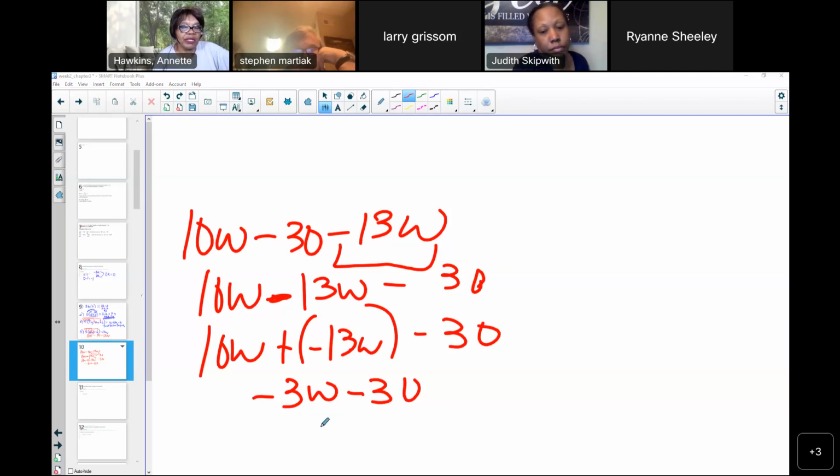Do we need to discuss this? Always take the extra step if you need to change this. But if you have 10 and you're going to subtract 13, you can't do that because you don't have enough. So therefore, this is why this is a negative 3w.